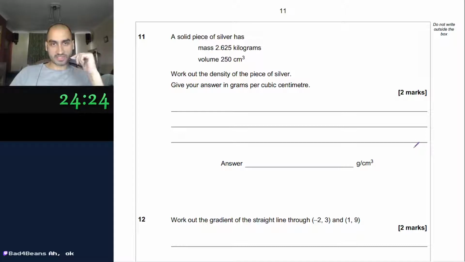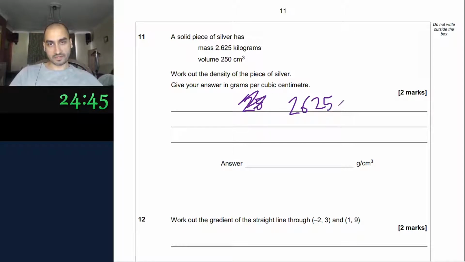A solid piece of silver has mass 2.625 kilograms, volume 250 centimeters cubed. Work out the density in grams per cubic centimeter. So it's 2,625 grams divided by 250 centimeters cubed.